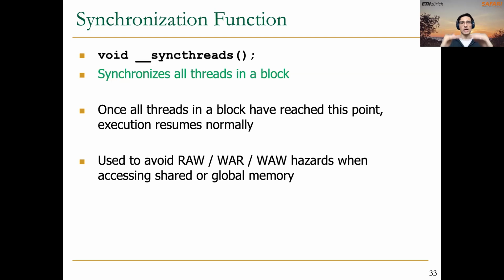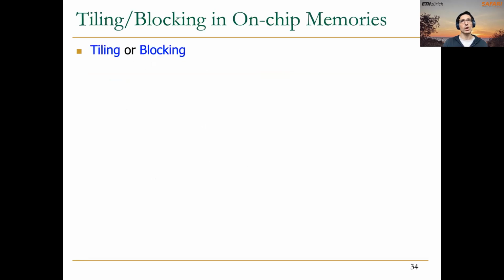After all warps have reached this sync threads, they can resume the execution and continue. In the case of the Gaussian filter that we have just seen, this will happen after the corresponding tile of the image is already stored in the shared memory. And using sync threads avoids data hazards when accessing shared or global memory. That's why we need it.